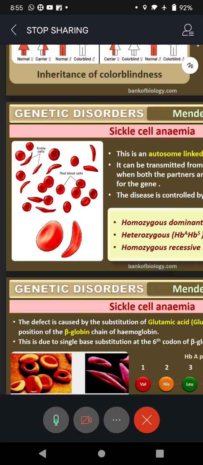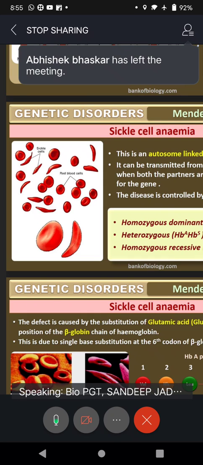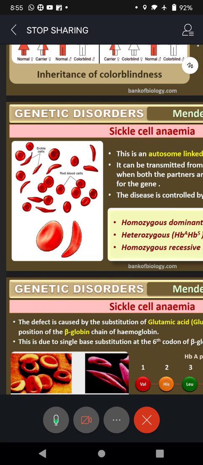So there will be a lot of physiological changes, and this results in low hemoglobin content and low oxygen intake, so consequential things will happen.